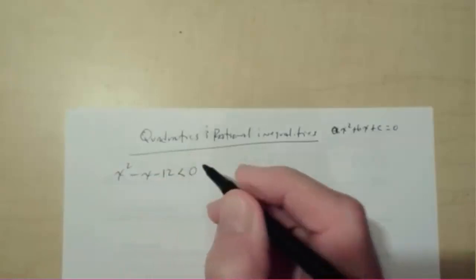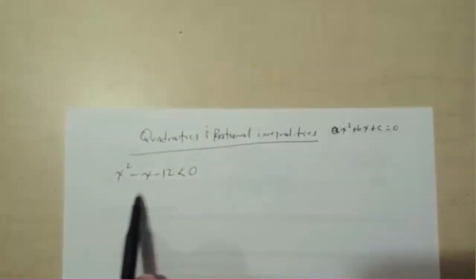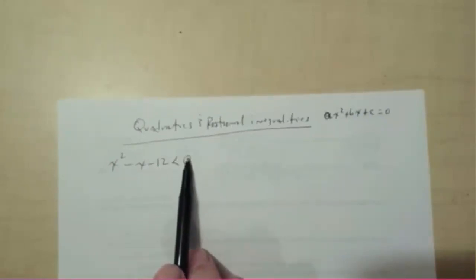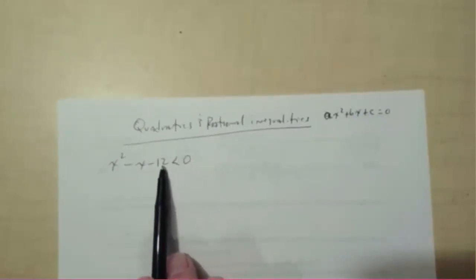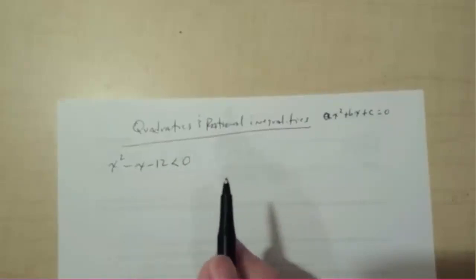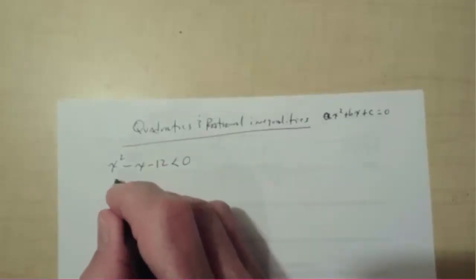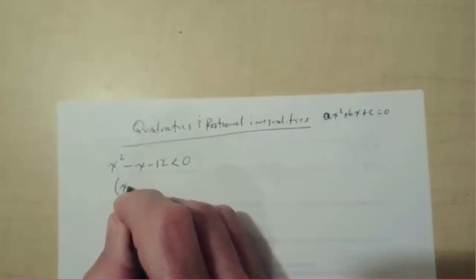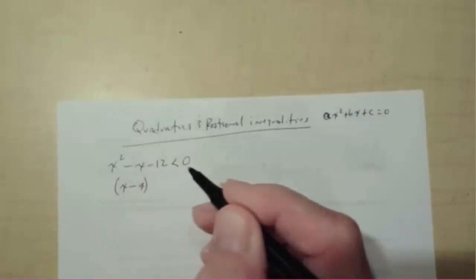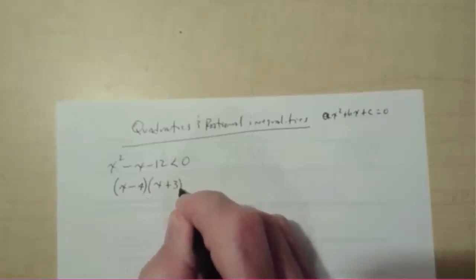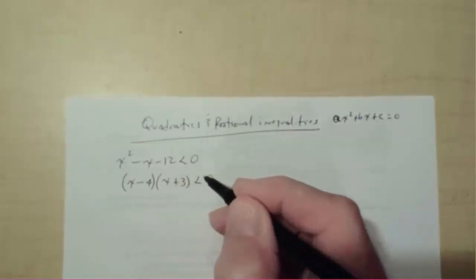Less than 0. Now remember, we always want to set these equal to 0, and this one is. Now we're going to factor this. What are the factors of negative 12 that add up to negative 1? You can do that on your own, but I'll tell you it's x minus 4 and x plus 3 less than 0.